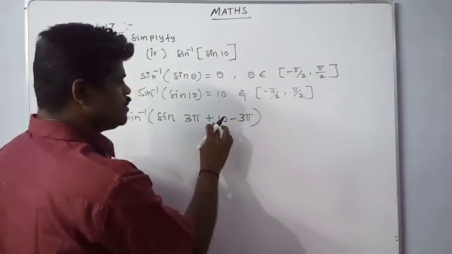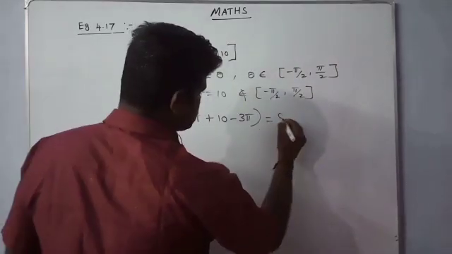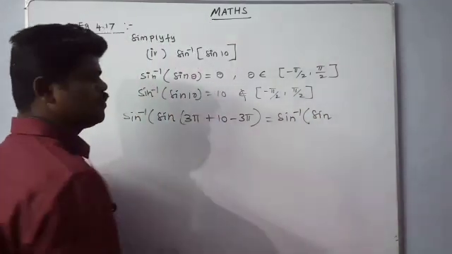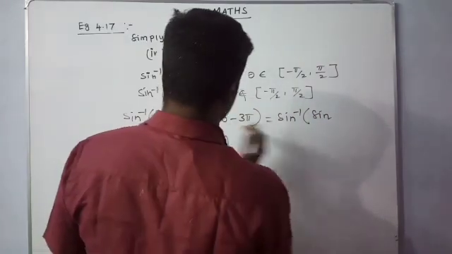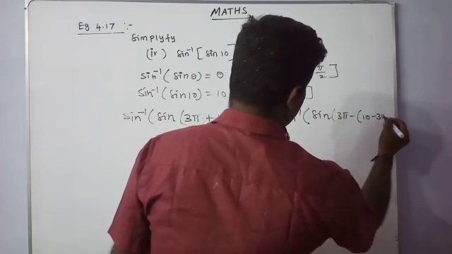That is sin inverse of sin of, take minus outside, minus of 10 minus 3 pi.